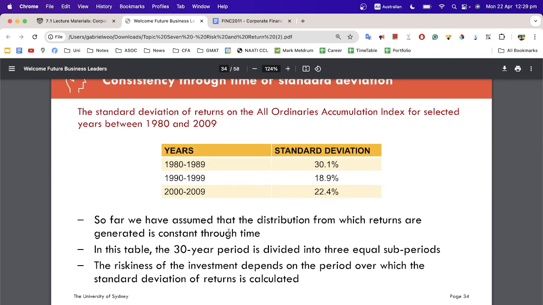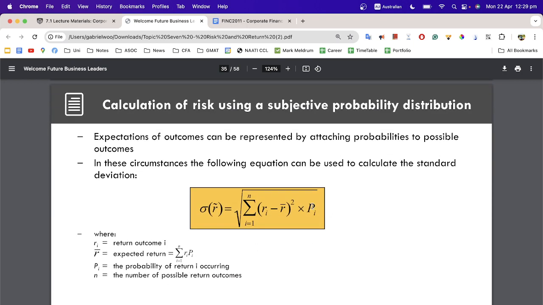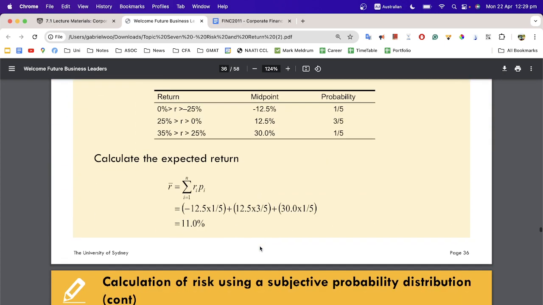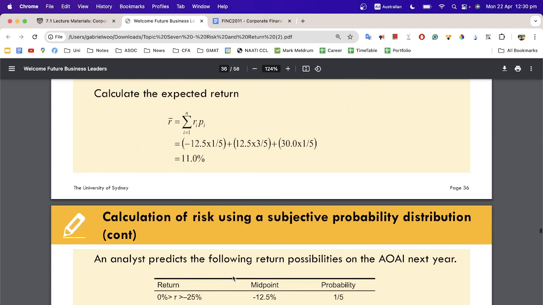Now, an additional method will be using subjective probability distributions. You simply come up with a subjective probability and you multiply them up, and that will be another method of coming up with risk. So here, if we have a probability of 20%, 60%, and 20% of these outcomes occurring, we simply multiply them together. We get an expected return of 11%.